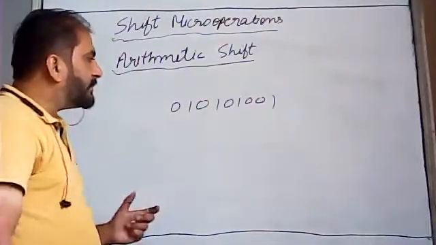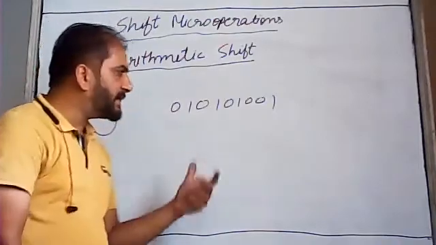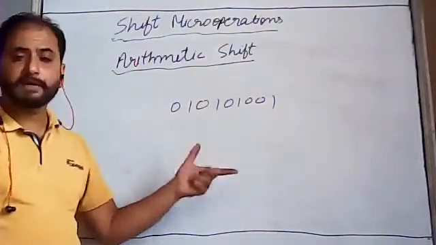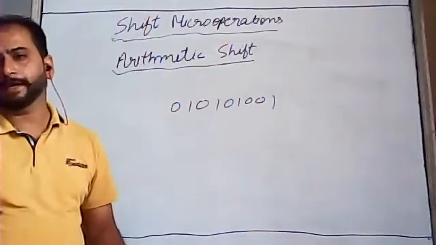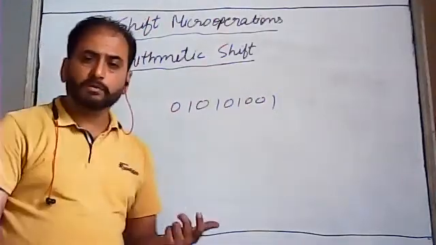In arithmetic shift we have a sign bit, which represents the sign of the data. Sign means that the number is positive or negative. How do we know that?